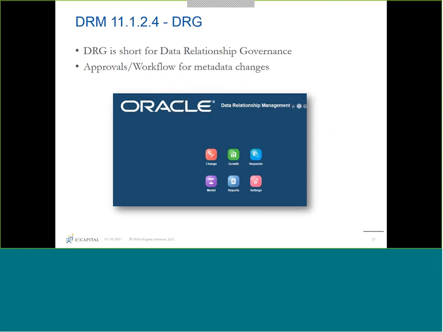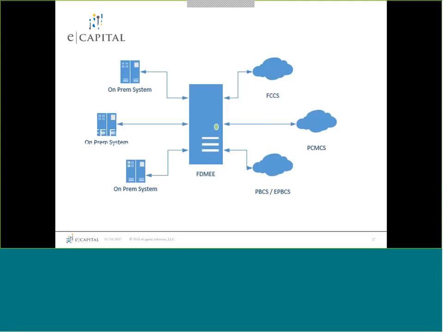So on that note, the other hub is, we have FDM-EE for data, DRM for metadata. These are really meant to be core to your environment, whether you're cloud or on-prem, or both. So they're really meant to be this hub and spoke type of system.